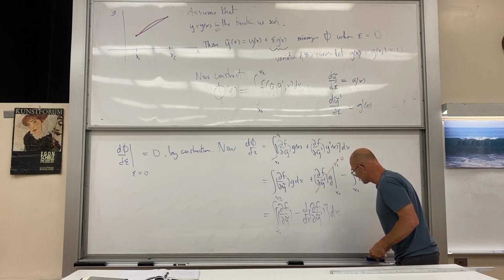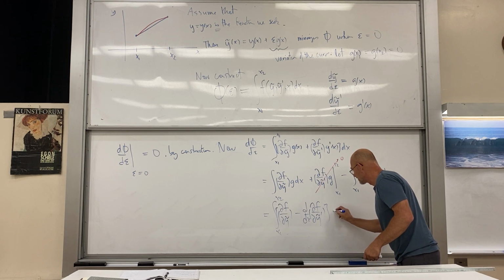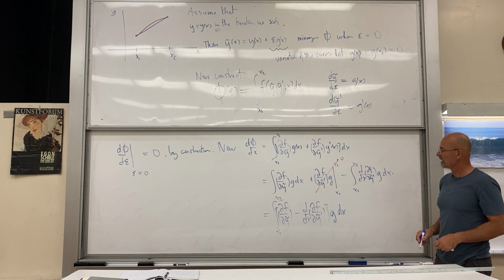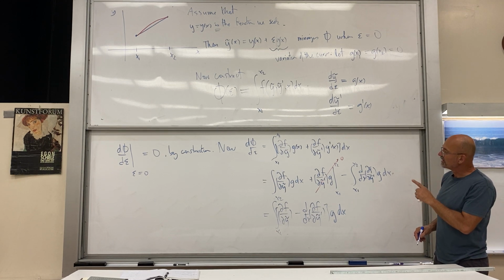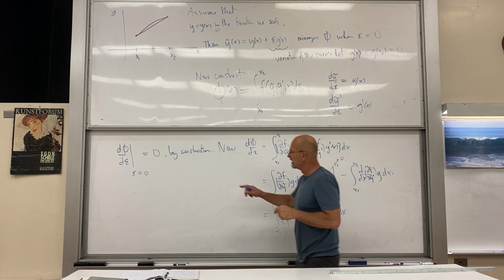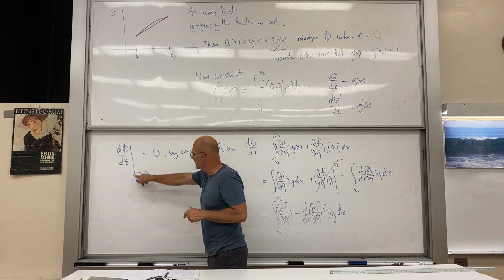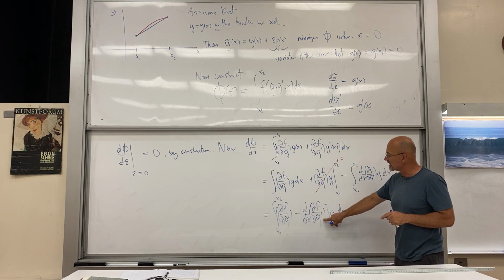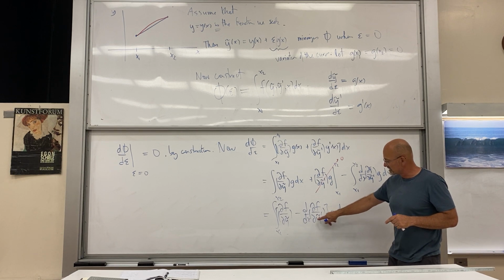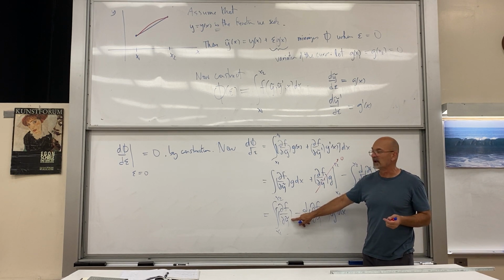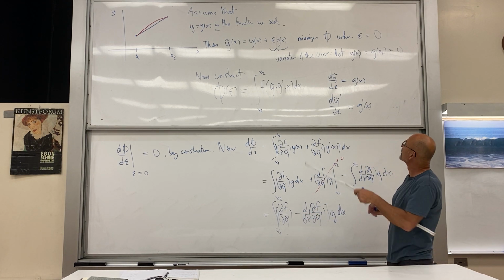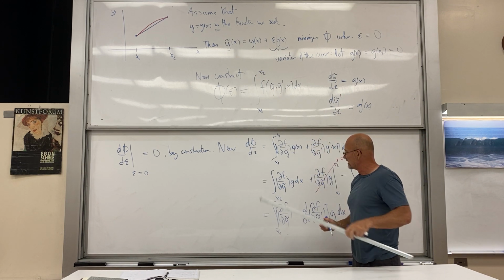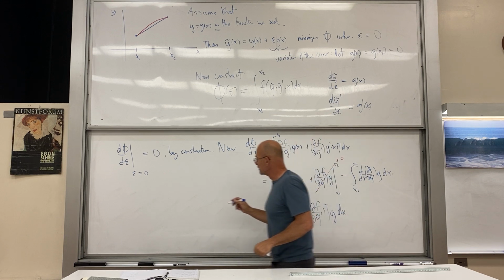Forgot to write the g here, didn't I? g dx. Now, in the limit, right, the evaluation of this at epsilon equals 0 just drops the tildes. Okay. Tildes go away. When epsilon is 0, y tilde is just equal to y.